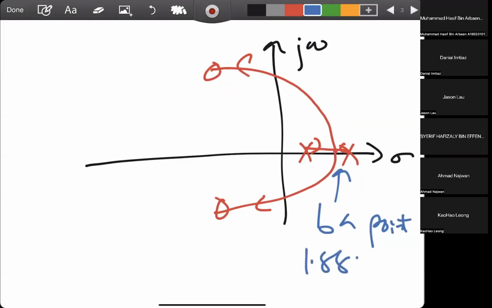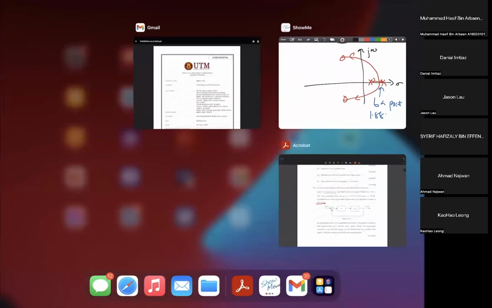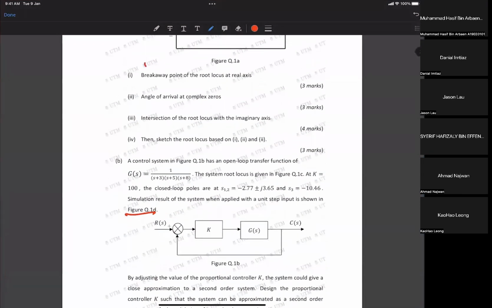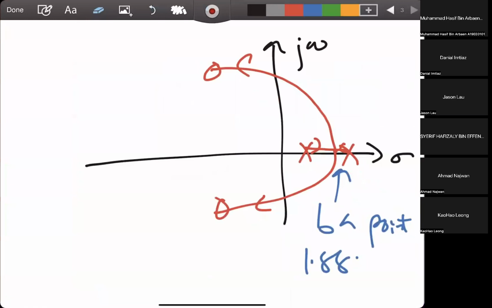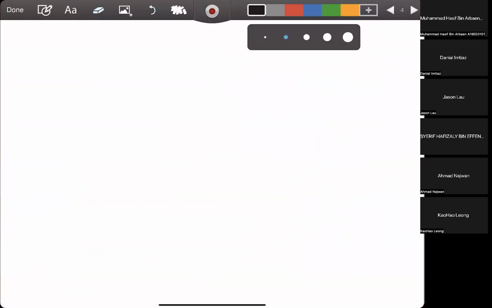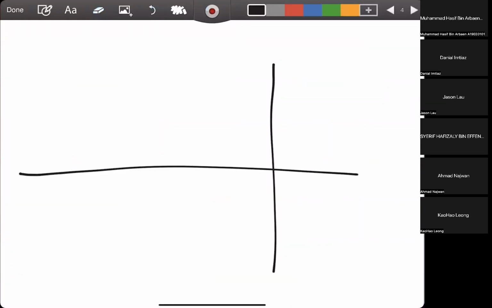Okay. Angle of arrival of complex zeros. Okay, any idea please? Angle of arrival. No idea?